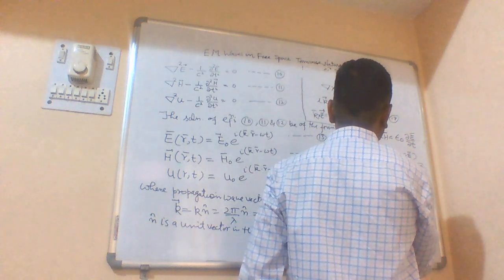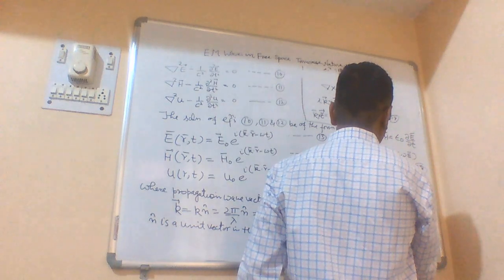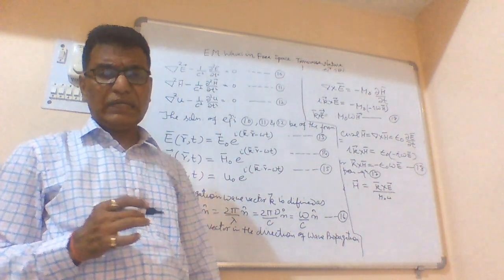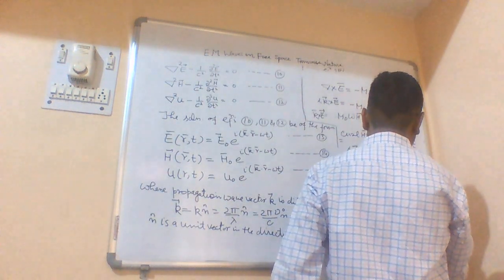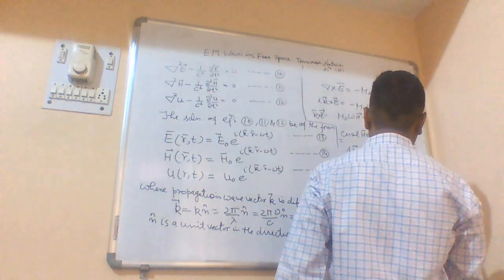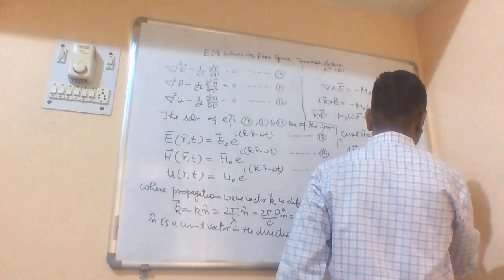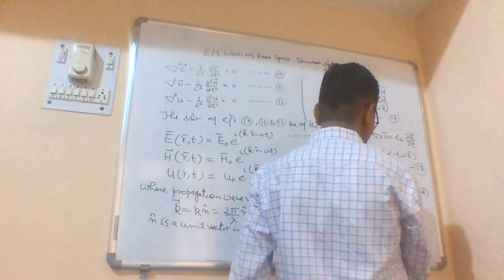So from equation number 17, H is given by k cross E upon mu naught omega. k is, you know very well, k into n cap. So this is k by mu naught omega, n cross E. Omega by k is c, the velocity of light.